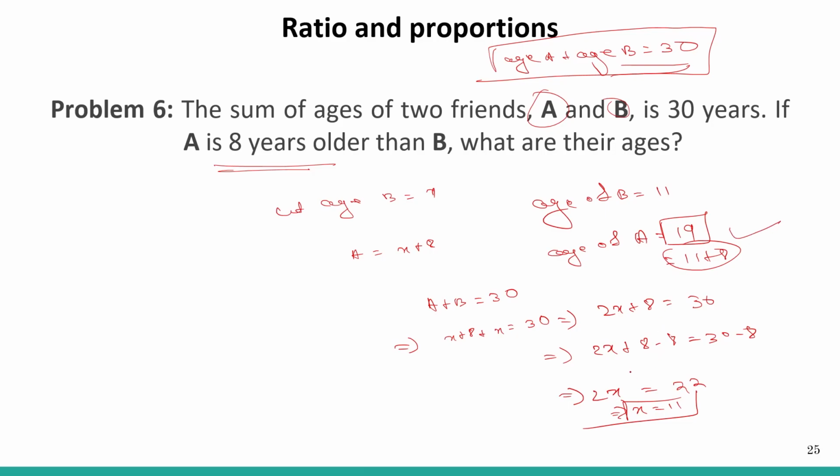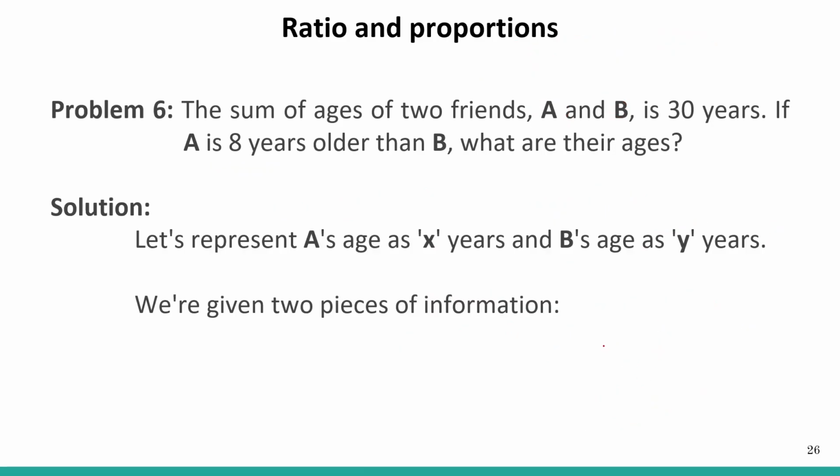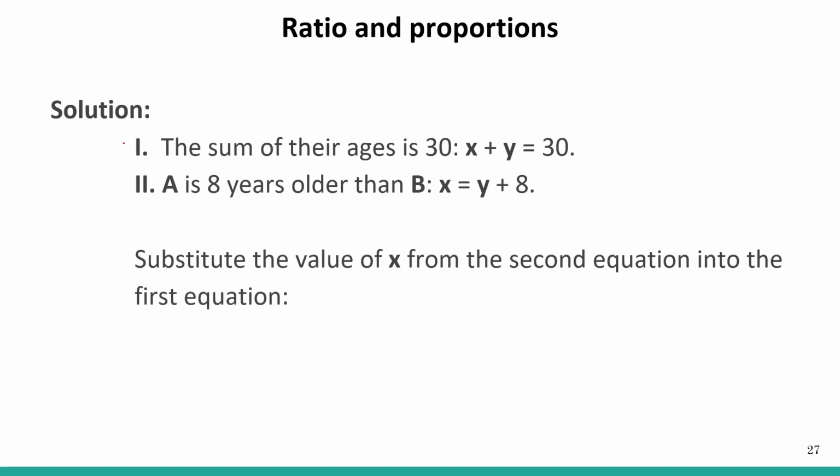Okay. So let's represent A's age as X years and B's age as Y years. We are given two pieces of information. The first is the sum of their ages: X plus Y is equal to 30, and the second is X is equal to Y plus 8.